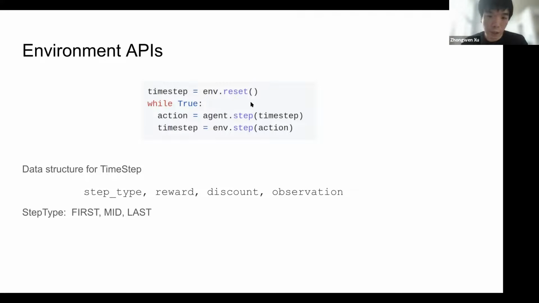The second function is step. The environment can take any action, either from a human player or from the agent. It takes the action, feeds it to the environment, and then outputs the next timestep.